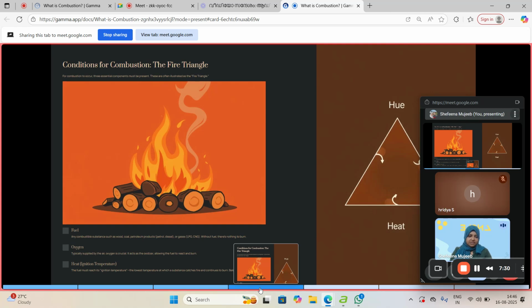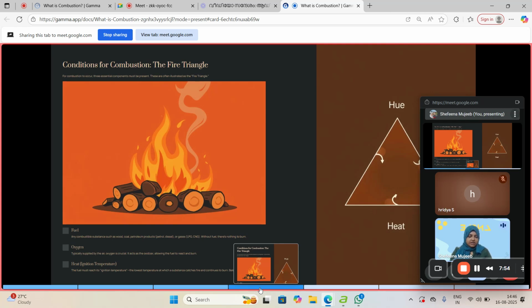The fuel must reach the ignition temperature. Ignition temperature means the lowest temperature at which the fuel starts to burn. So the third important part of the triangle, or the conditions for combustion, is the heat or ignition temperature.